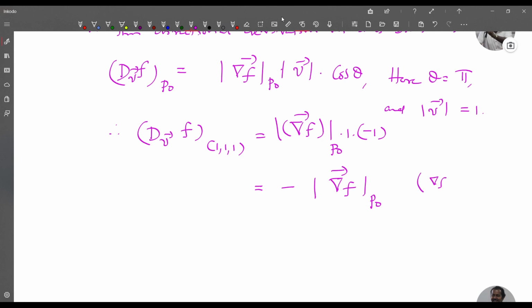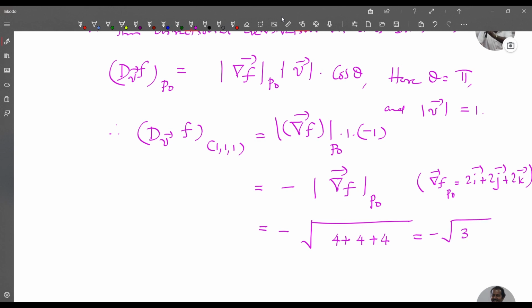We have del f at p naught is 2i plus 2j plus 2k. Therefore, this is equal to minus square root of 4 plus 4 plus 4. So this is equal to minus square root of 3 into 4.